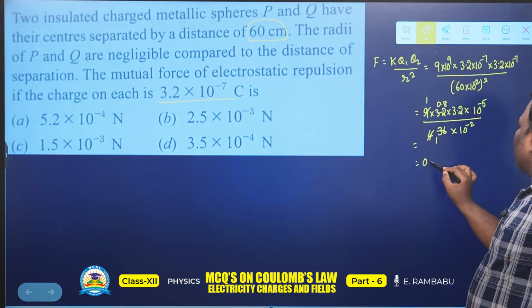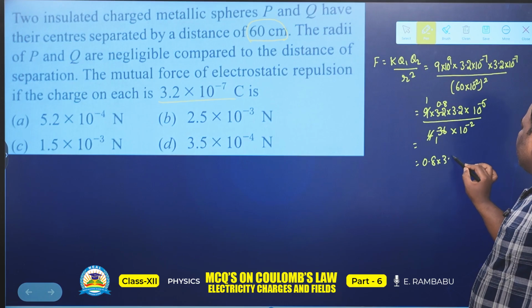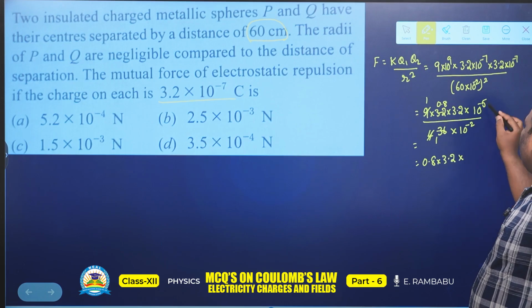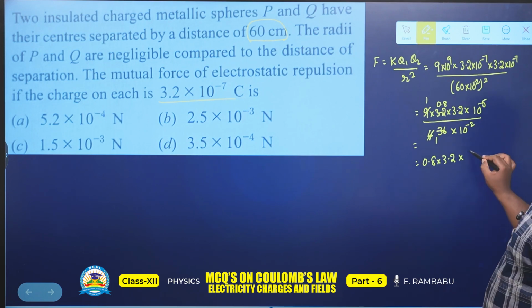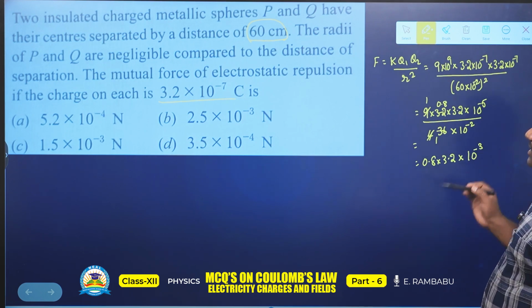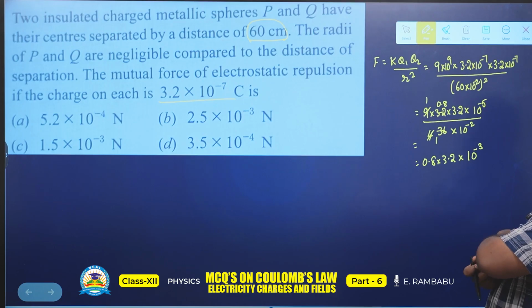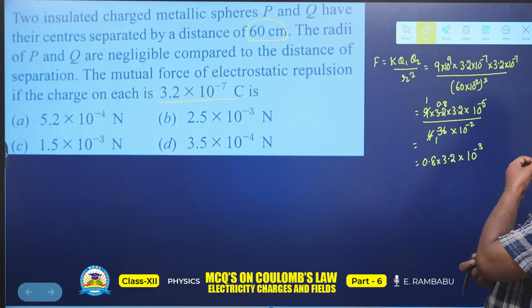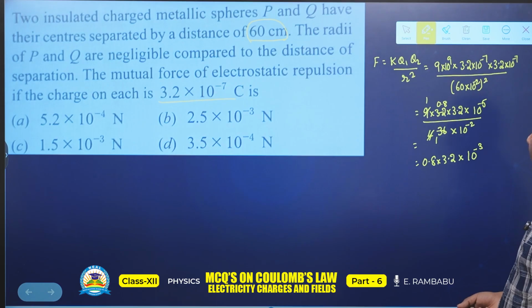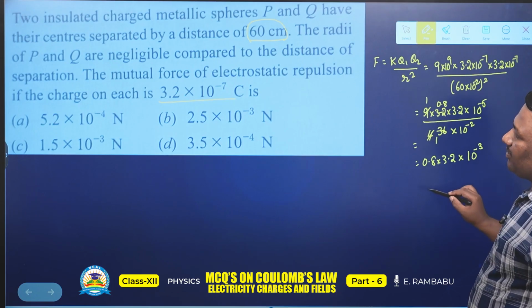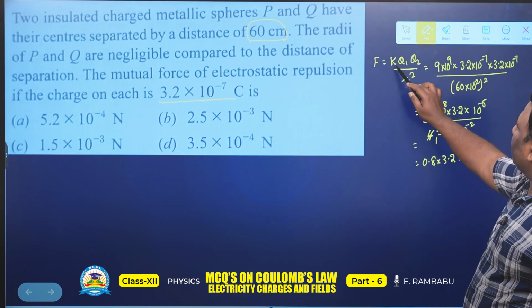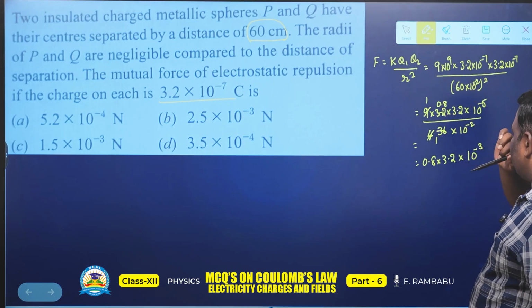That is 0.8 into 3.2, and the minus 2 can be taken to the numerator, it becomes 10 to the power minus 3. After multiplying 0.8 into 3.2, check how much value is obtained.